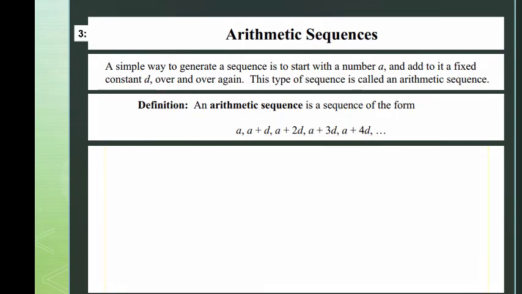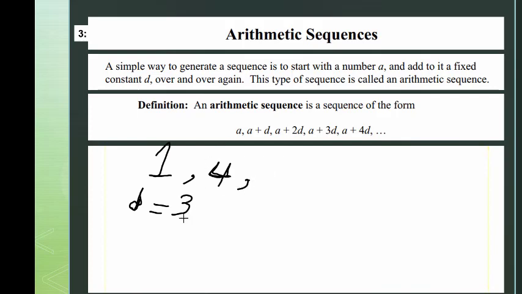So we can say that if we have the first member as 1, for example, and we add to it a constant, which may be, for example, 3, you will get the second term as 1 plus 3, which equals 4.